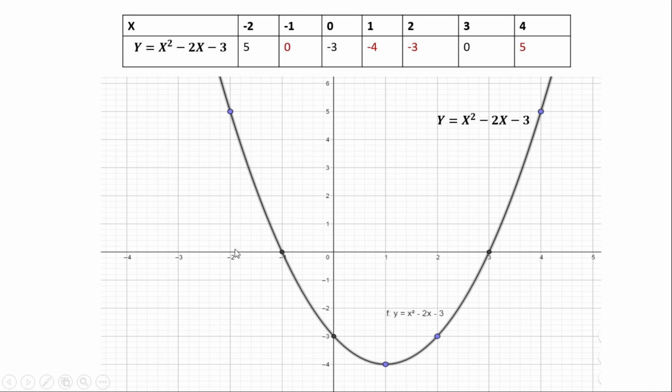The first is -2, 5, then you plot it, then -1, 0, you plot it over there, then 0, -3, you plot it, then 1, -4, 2, -3, 3, 0, so it'll be here, and then 4, 5. You draw a curve to pass through all the points that you have plotted, and that is the graph you have drawn, and you take all your marks. So this is very easy.